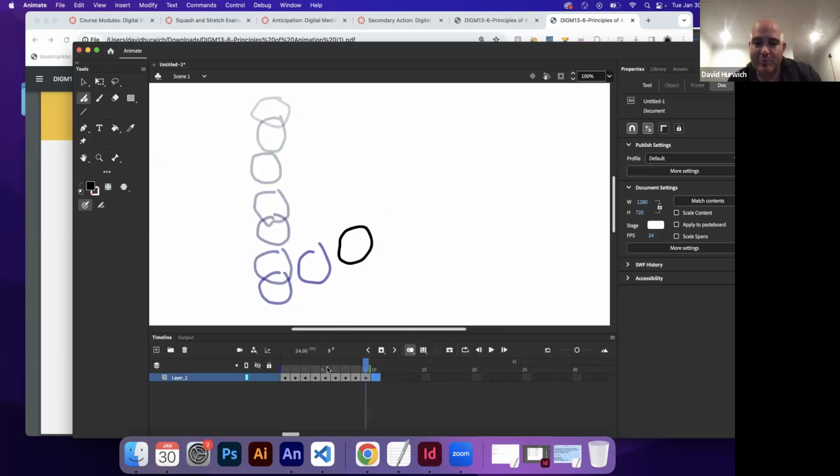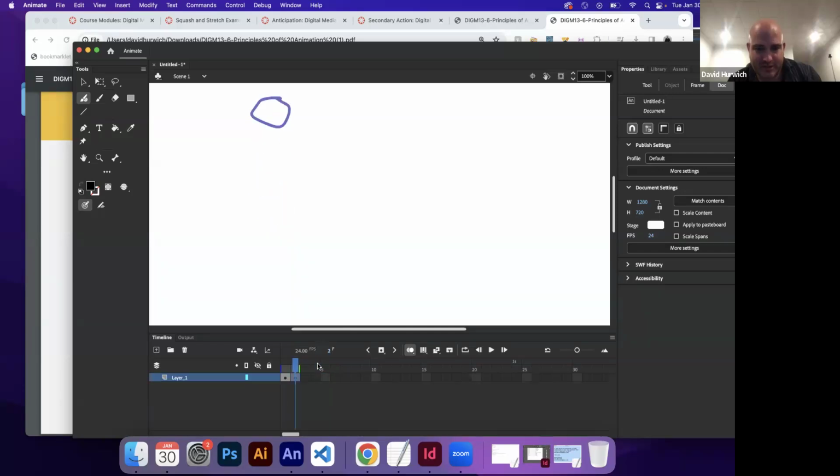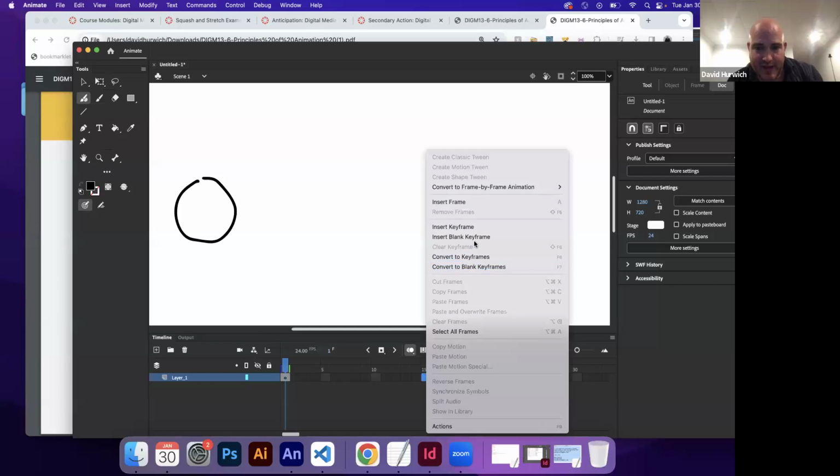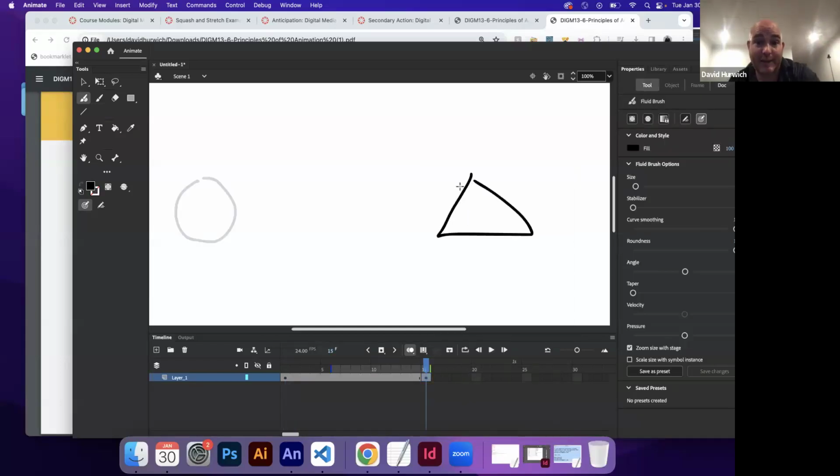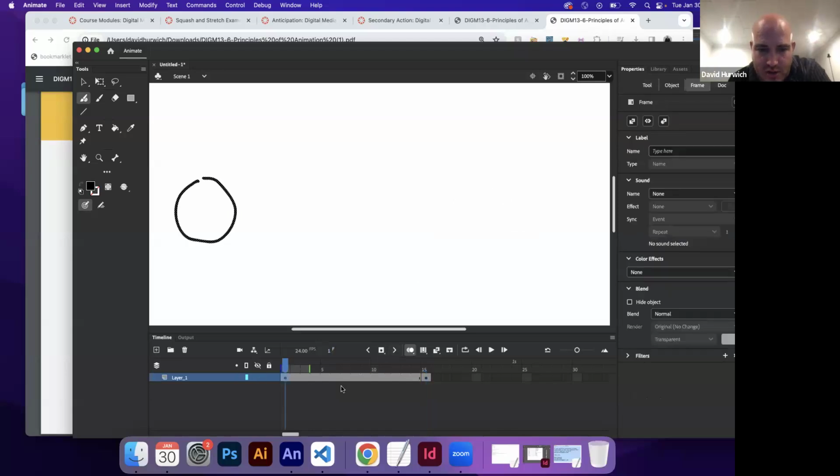Sometimes people like to plan out their actions a little more. So let's say I was going to do something a little more complicated. Let's say I was going to have a circle, and then maybe 15 frames later, that becomes a triangle. So these are my poses. And then I would go, okay, these are my main poses. Now I've got to figure out how to get from here to here.